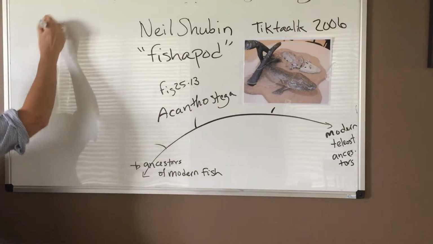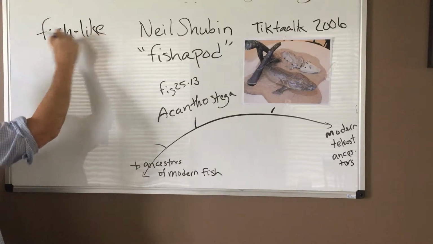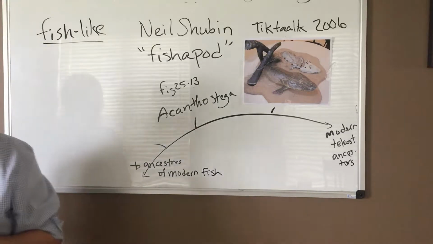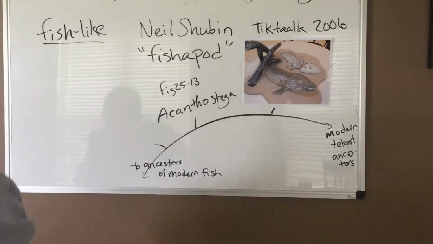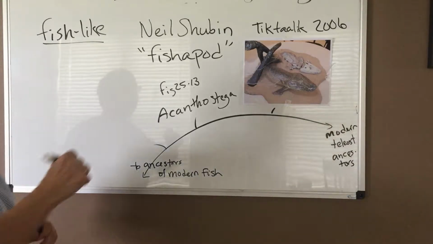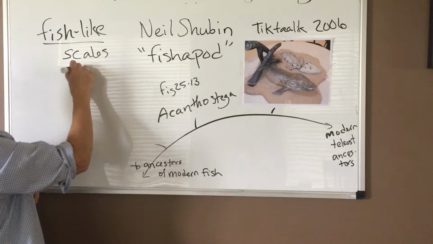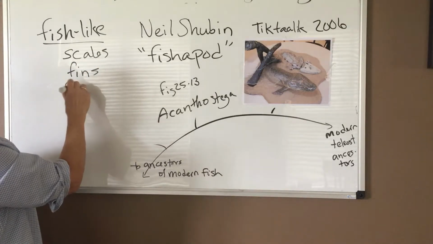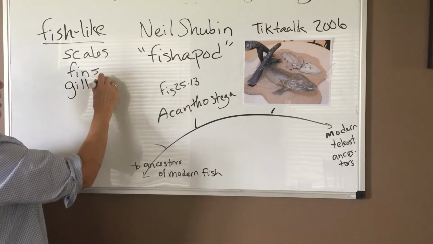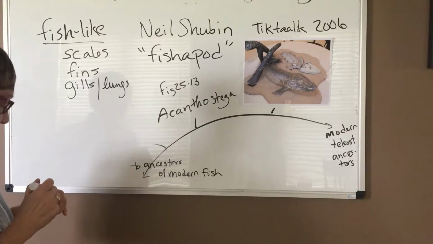So if we look at some of the fish-like characteristics, certainly this particular organism had scales, it had fins, and it had gills, and actually lungs, which we did see in some of the fish.